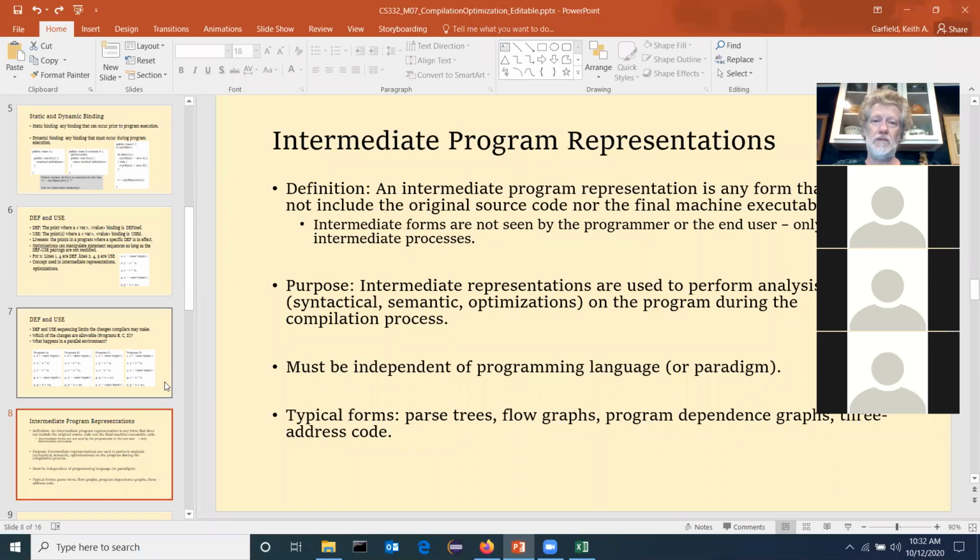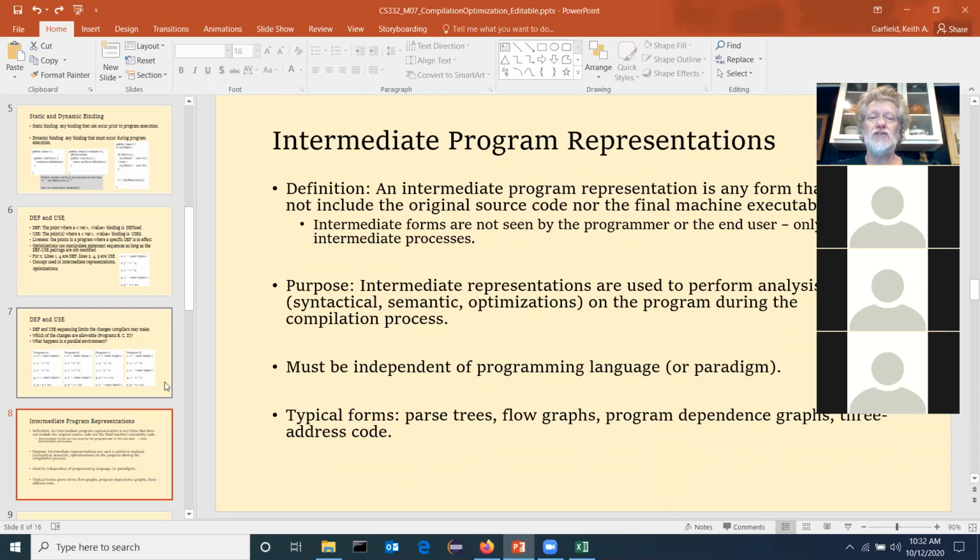So you already intuitively know this. The goal of an intermediate representation, by the way, is again, it's called intermediate because it's not the source code, right? The user sees the source code. And it's not the machine code. The computer uses the machine code. Those are the endpoints, right? Those are the beginning and the end point of the compilation process.